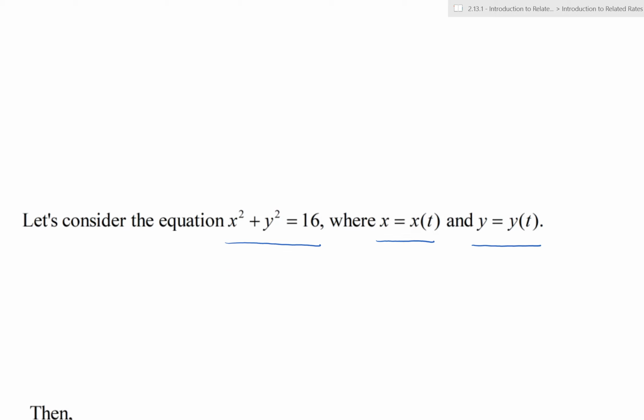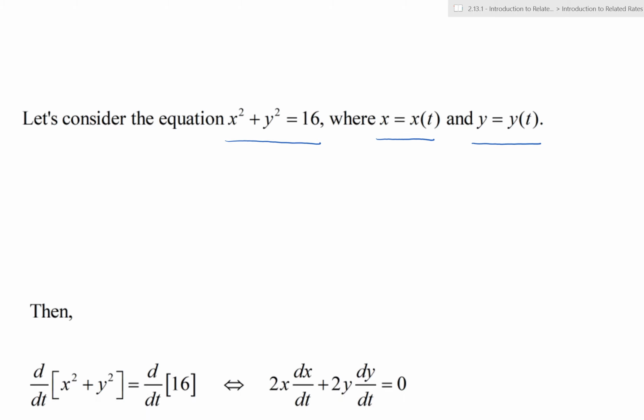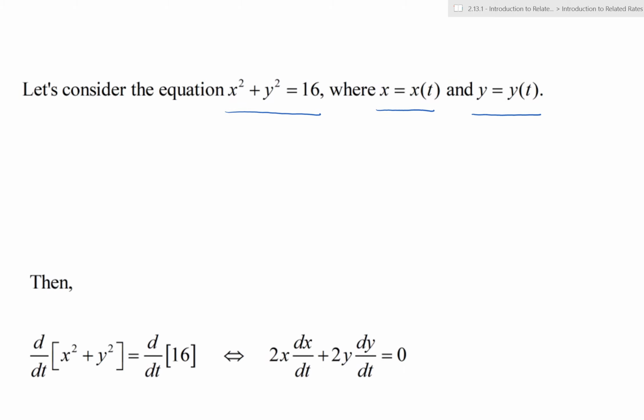Under that assumption, if I differentiate both sides of that equation with respect to t, I'm differentiating x squared plus y squared with respect to t, and that better equal the derivative of the constant 16 with respect to t. So just applying implicit differentiation, if you will.